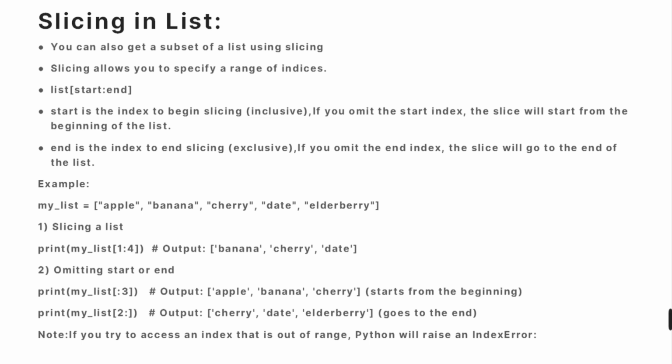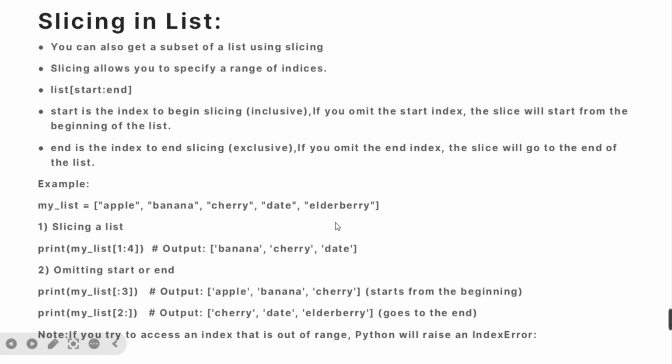For example, here we are specifying my_list[1:4], which means we are starting from 1 and going up to 4, excluding the fourth value. So in this example, my_list[0] is apple, 1 is banana, 2 is cherry, 3 is date, and the last one is elderberry.